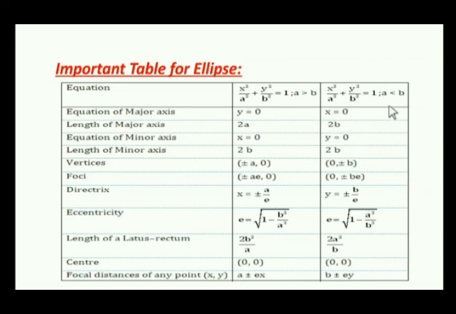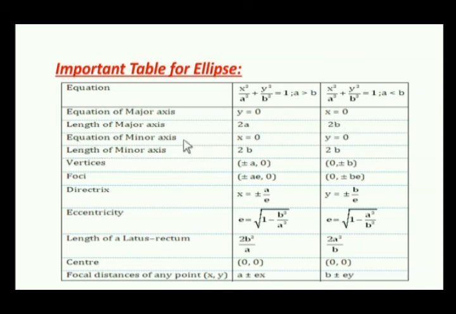But if a is less than b, the equation will be the same. Equation of the major axis is y equal to 0, and for this one, x is equal to 0. Length of the major axis is 2a, and length of the minor axis will be 2b. If in case a is greater than b, we will write y square by a square, not by b square. So here we will write 2a.